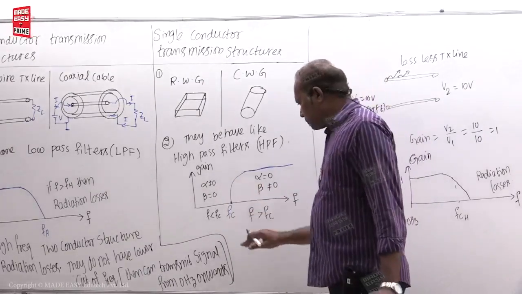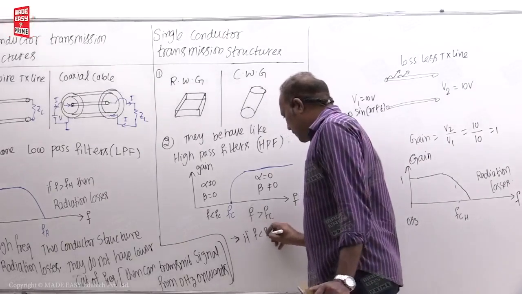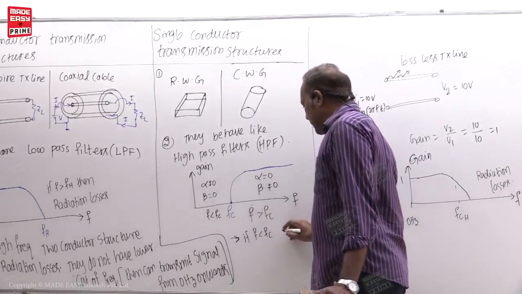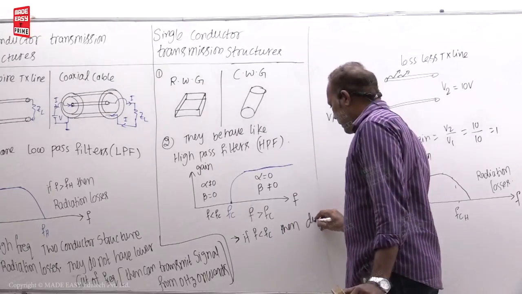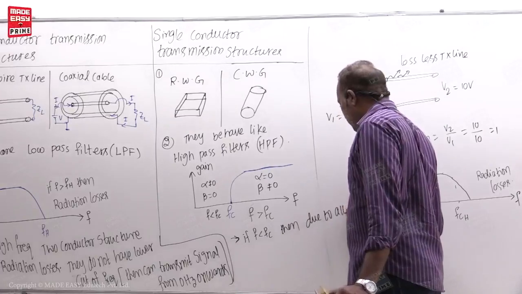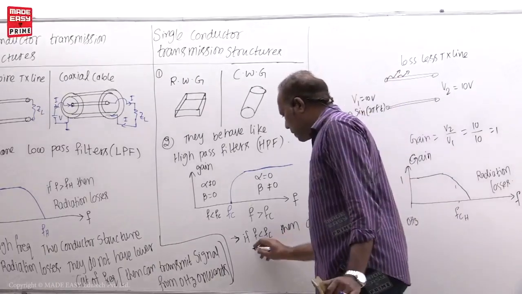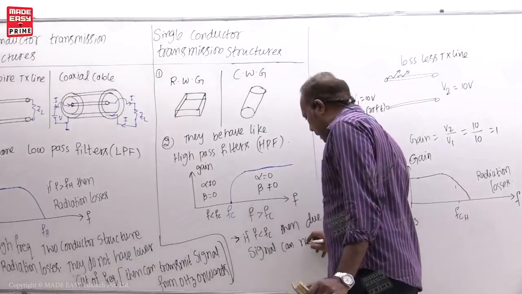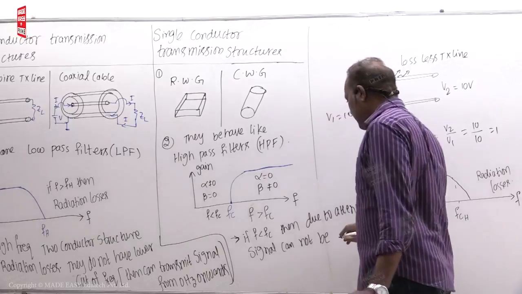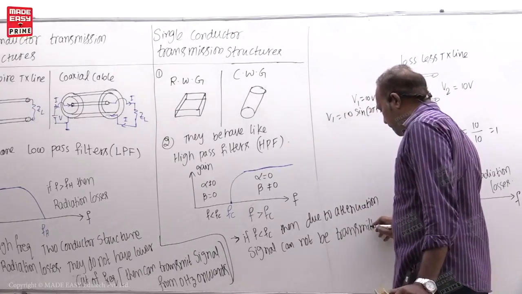So here I will write two lines. If F is less than Fc, then due to attenuation, signal cannot be transmitted.